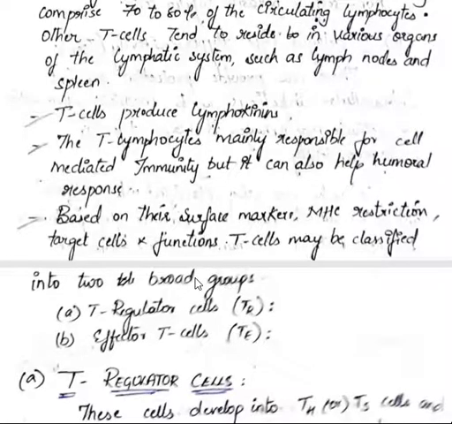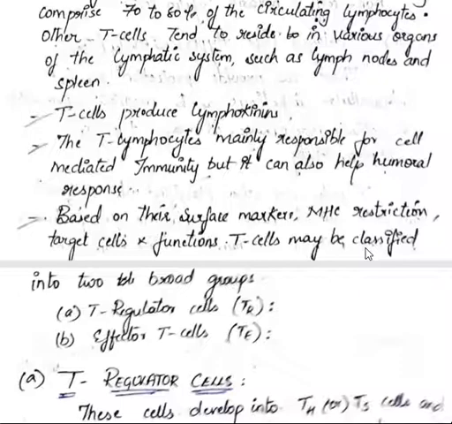How, we will discuss in detail now. Based on the surface markers, MHC restriction, that is major histocompatibility restriction, target cells and functions, T cells can again be classified into two types.